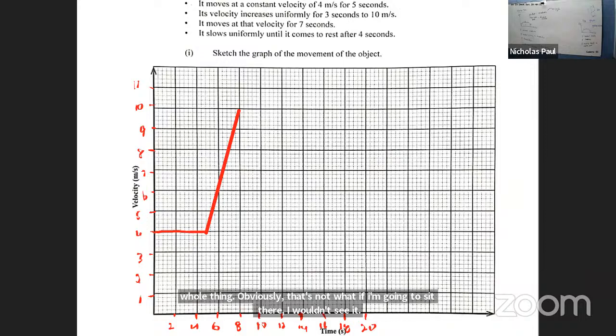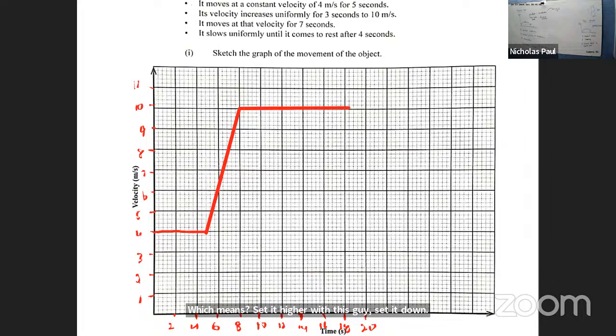Next part is what? It moves at that velocity for 7 seconds. What do we do? Keep the line horizontal.